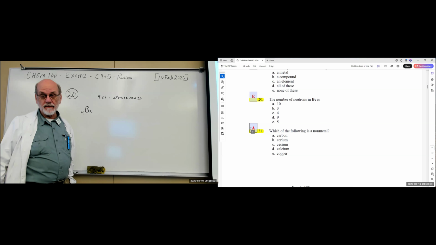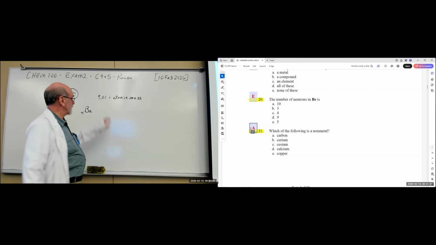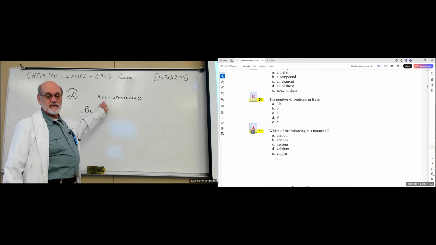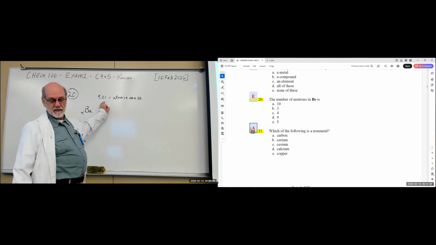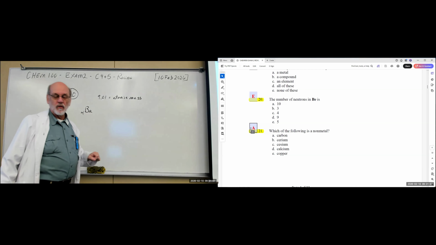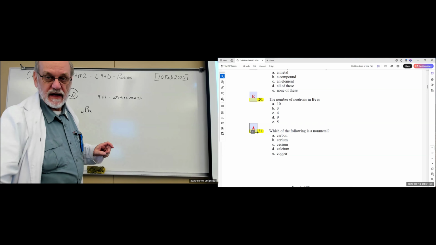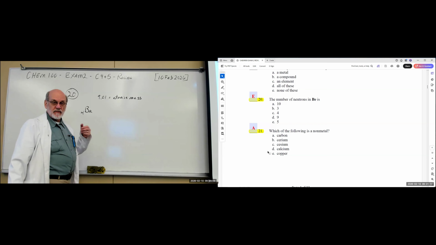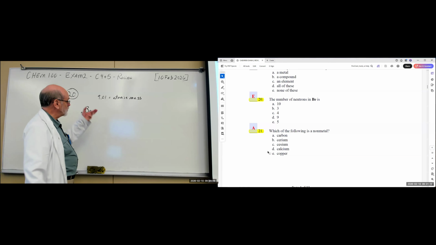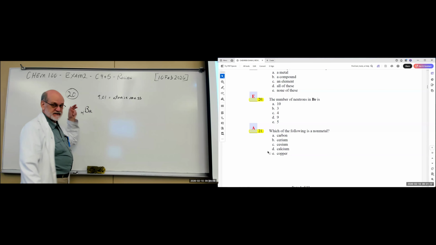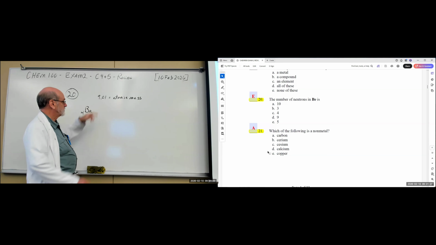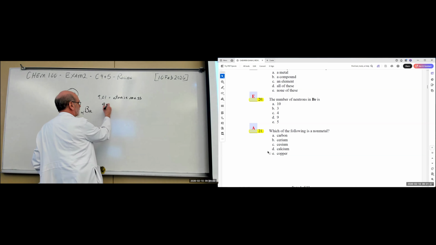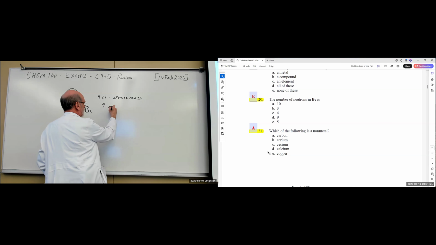Now that's not the mass number, and it's easy to tell because it's a fraction. Mass numbers are always whole numbers. But what we can deduce from this is the most common isotope. The most common isotope of this element is 9, mass number 9.